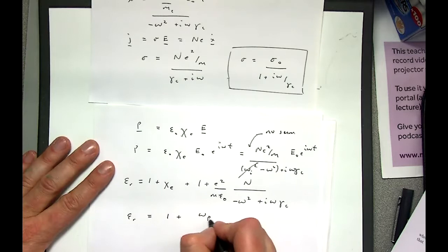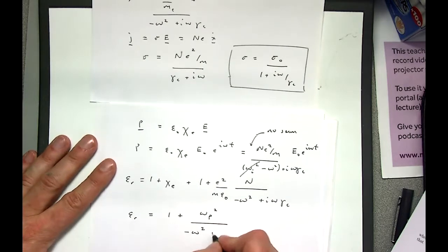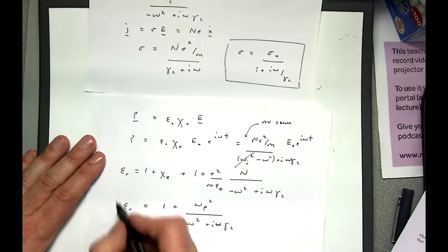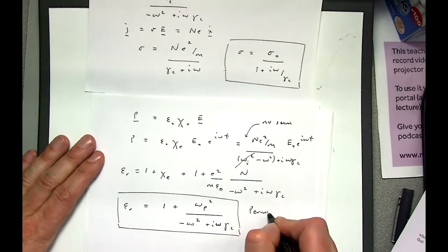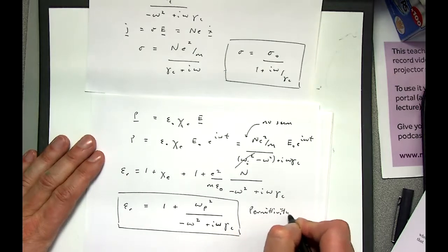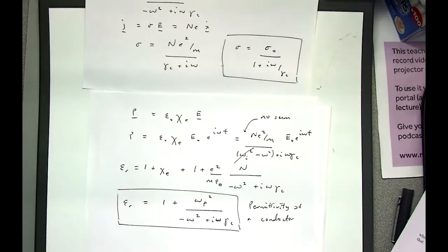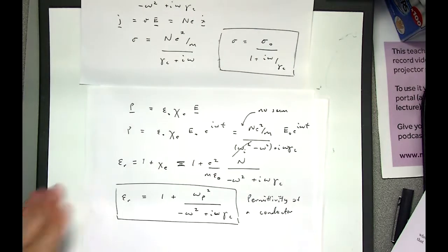So we can relate the permittivity of a conductor to the plasma frequency in that conductor, or again, similarly for a plasma. So this is the permittivity in a conductor or plasma. So that's my basic expression. Should there be an equal sign instead of a plus on the line above? Yes, there should be. Sorry, that should be an equal sign. Thank you.